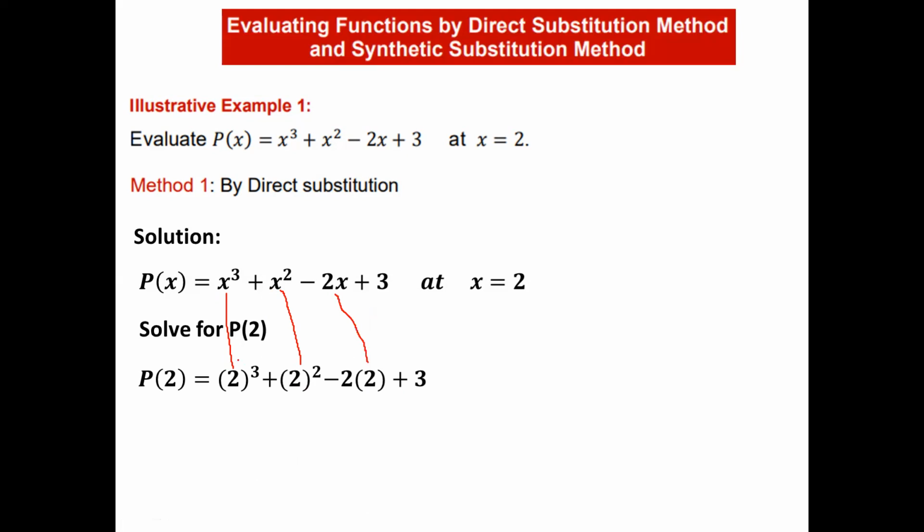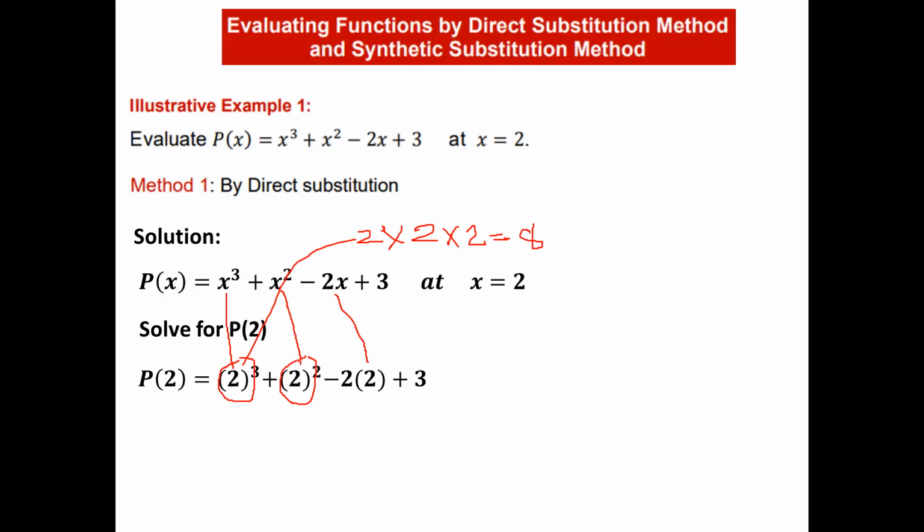And then afterwards, simplify lang natin bawat term. Ano ba ang ibig sabihin ng 2 cube? Ang ibig sabihin ng 2 cube is 2 times 2 times 2. So ibig sabihin, thrice natin i-multiply yan by itself, wherein if we're going to multiply 2 by itself thrice, we're going to have a product of 8.